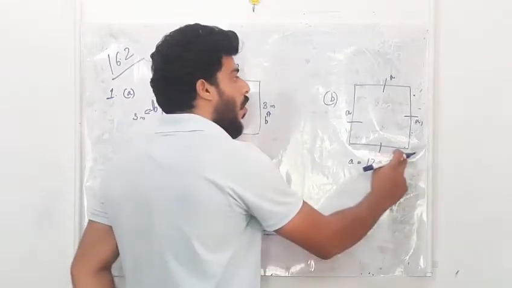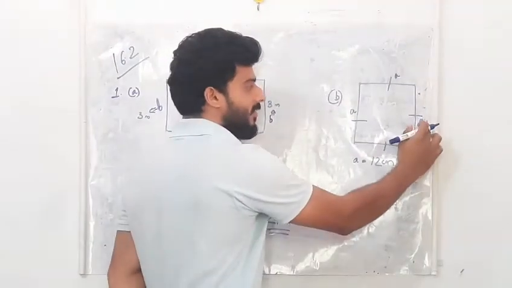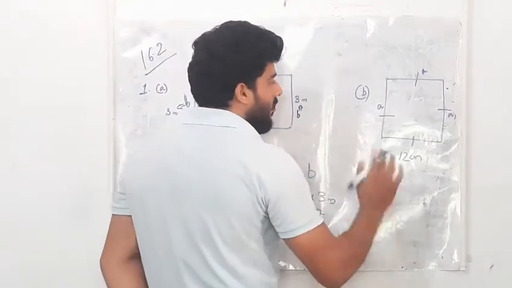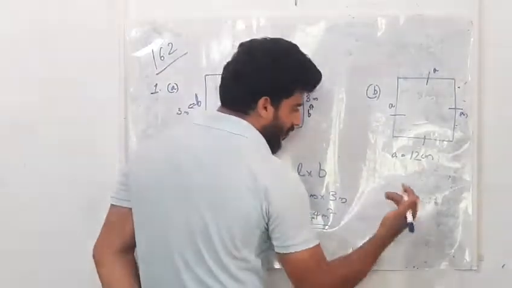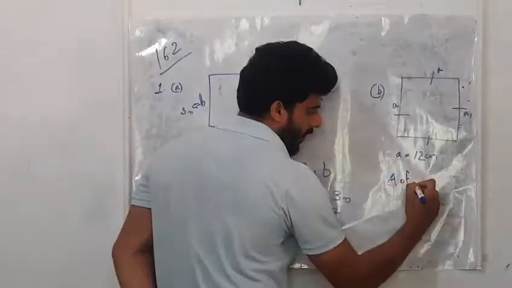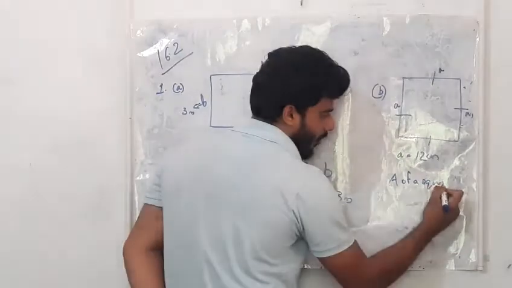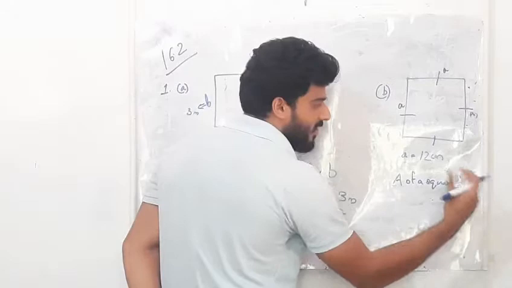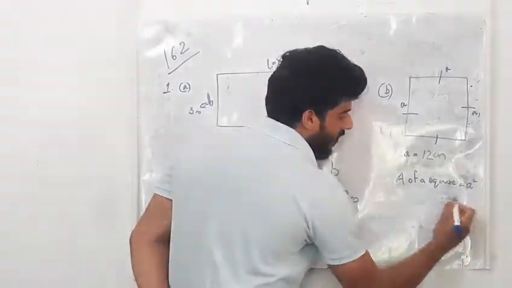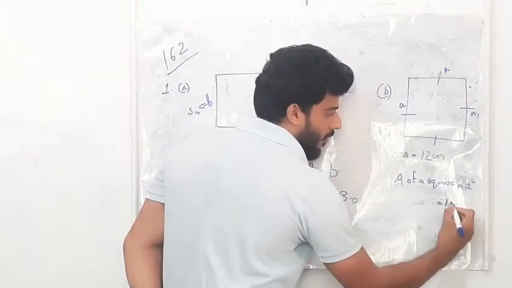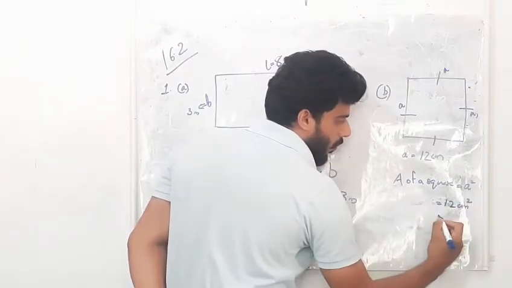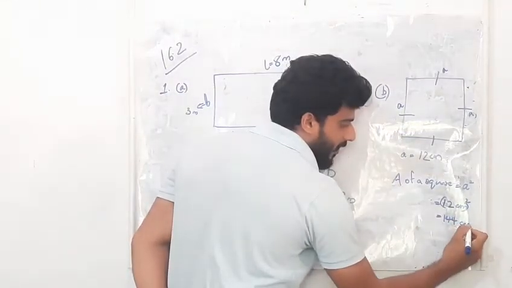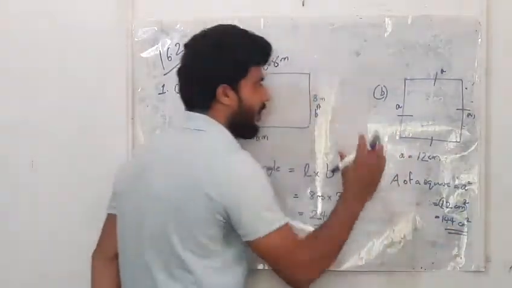Here also we need to find the area. Area of a square is A square, side square. So 12 centimeter whole square is 144 centimeter square. This is the area of the square.